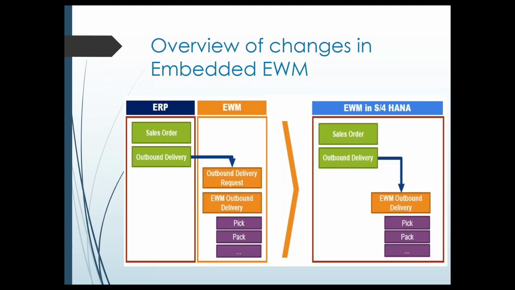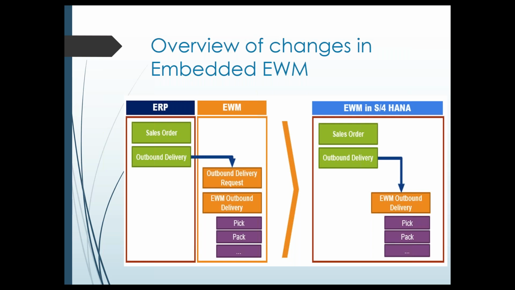The same way, when I talk about outbound, here we have a sales order. Against the sales order we have an outbound delivery, and against that we would have a request followed by an outbound delivery, and then we perform the warehouse activities. But now we have a sales order and an outbound delivery, and that outbound delivery is converted into an outbound delivery only. There wouldn't be any request against the outbound delivery in the ERP one.